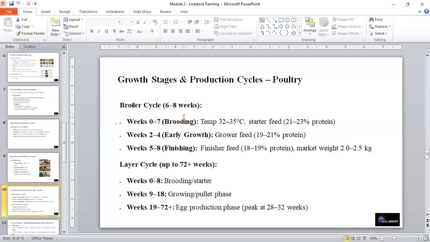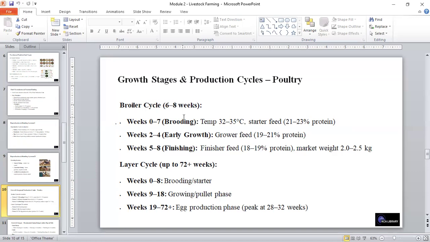This is the brooding phase of the poultry. Then from more than 7 days up to about 4 weeks is the early stage of growth. And for more than 4 weeks, that is 5 to 8 weeks, this is the finishing stage of growth of poultry.